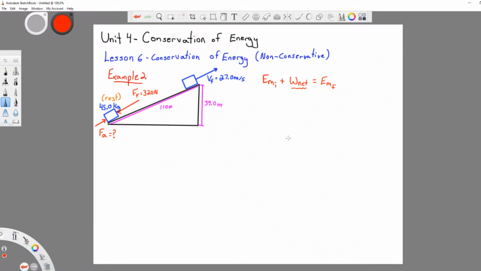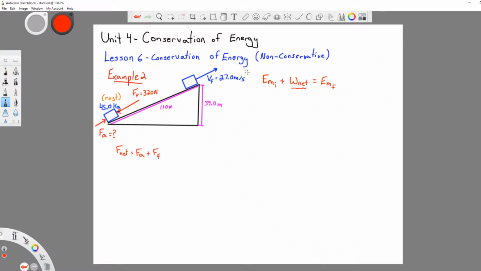Okay, now down here I'm going to deal with this work net. This right here, bringing it down here, and we're going to talk about this. So, just like when we have force net is equal to the sum of all the forces, so force net would be equal to force applied plus force of friction.